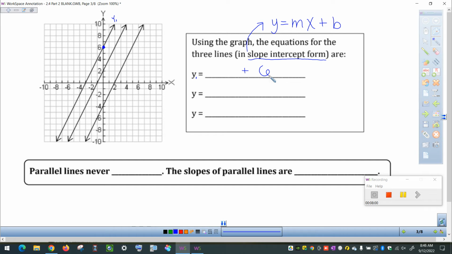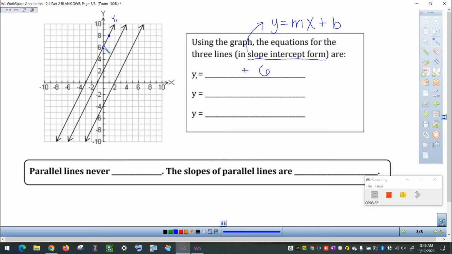And then to determine our slope, we want to identify a second point on the graph. So I can see there's another point here going through the x value of 1 and the y value of 8. And then what we want to think about here is using rise over run to figure out the slope fraction. What is the slope ratio?